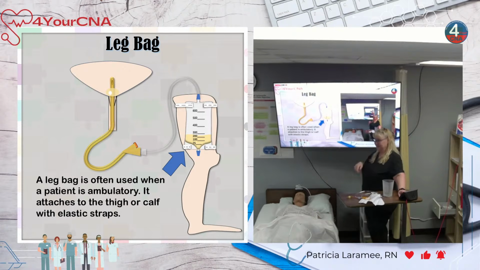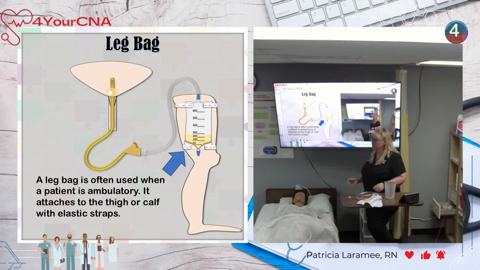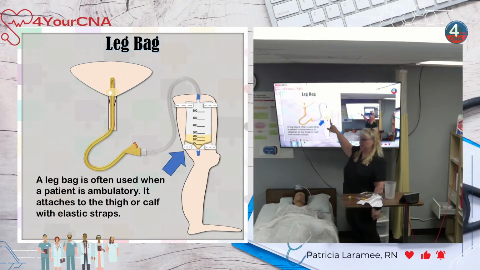Okay? How come they wouldn't use those as well for regular use, like in the nursing homes? Because there's 2 reasons, okay? First, they don't hold nearly as much. So as a CNA, you'd be emptying this thing all the time. No need for that. But the other is because of gravity on planet Earth.